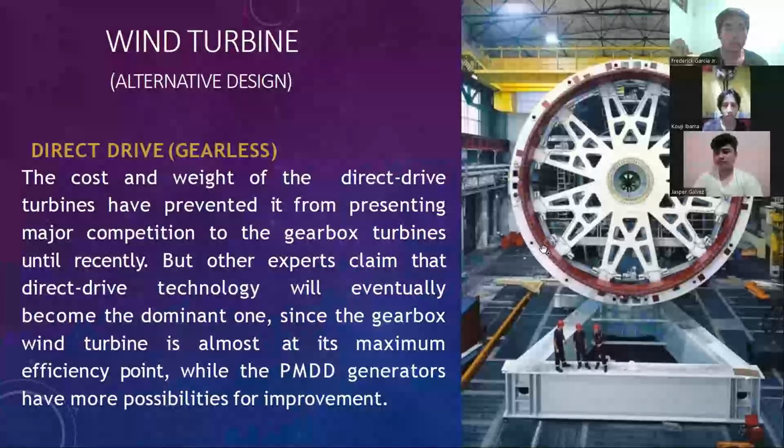Now, the cost and weight of the direct drive turbines have prevented it from presenting major competition to gearbox turbines until recently. But other experts claim that direct drive technology will eventually become the dominant one, since the gearbox wind turbine is almost at its maximum efficiency point, while the PMDD generators have more possibilities for improvement.